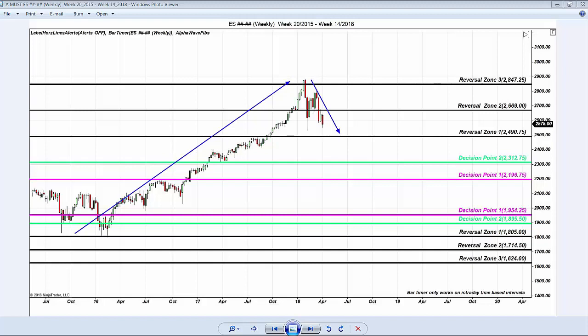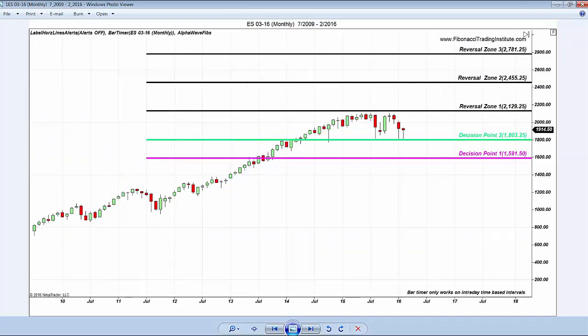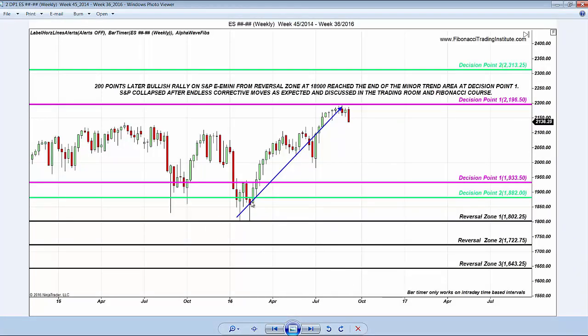To remind you, on the monthly chart again, the famous 1800 number transformed into trend inception on the weekly, where buyers stepped in from but reached ultimate Fibonacci resistance that took the S&P more than 7 months to break through.